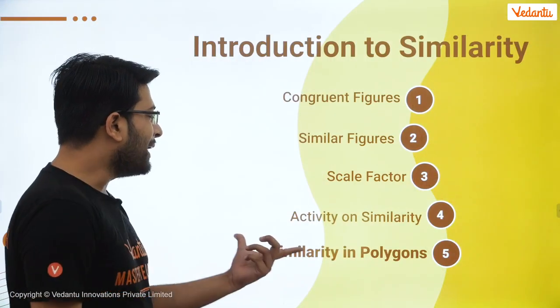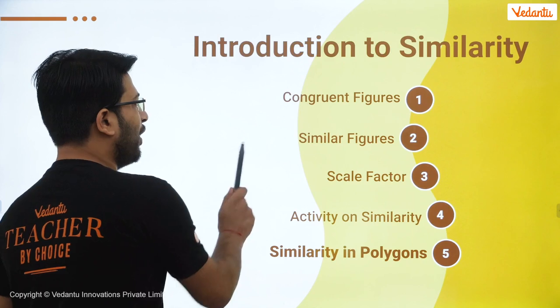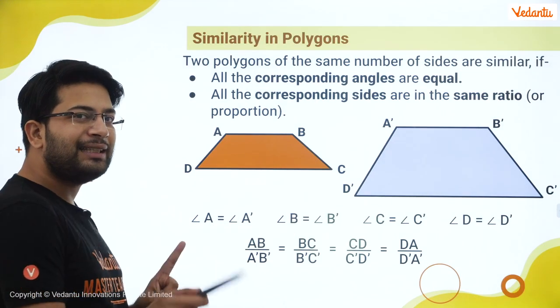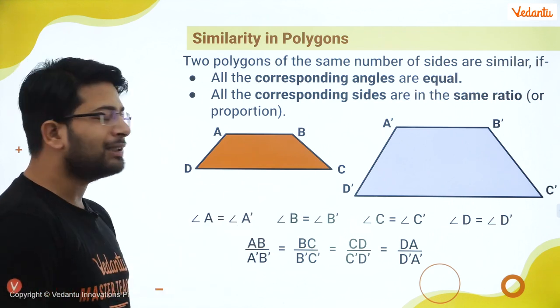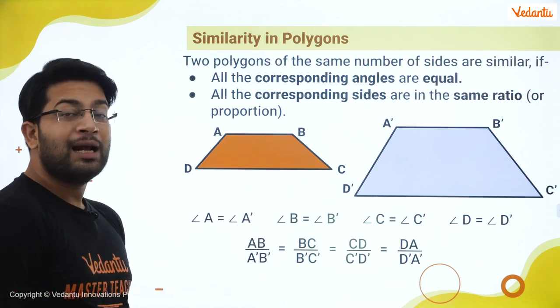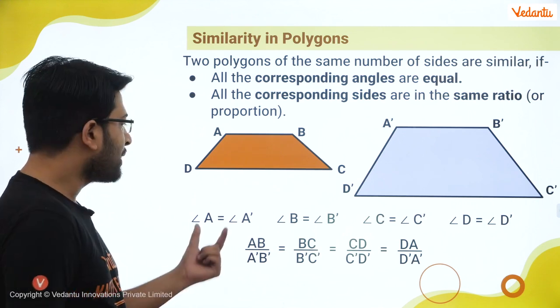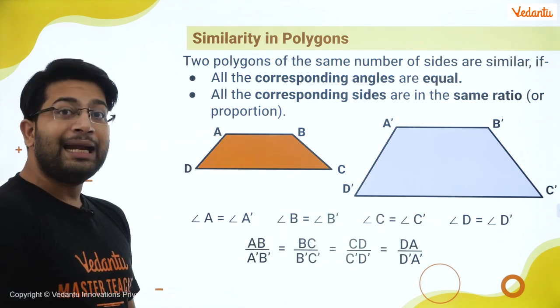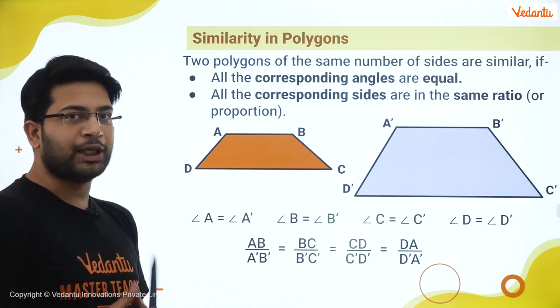Okay. So now champ, let's see the similarity in polygons. So champ, let's say we have two figures over here that we have seen in the previous example. Now, if these two figures are similar to each other, then their corresponding angles will be equal, and corresponding sides will be in the same proportion.